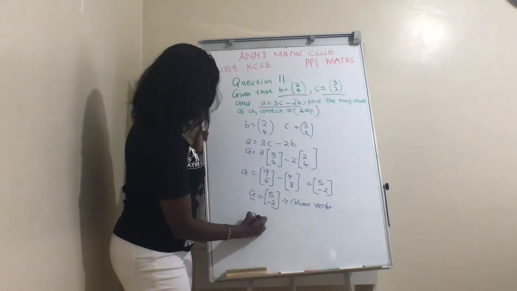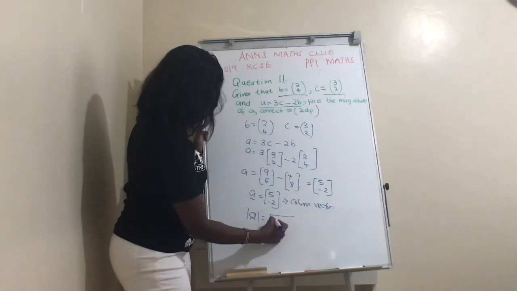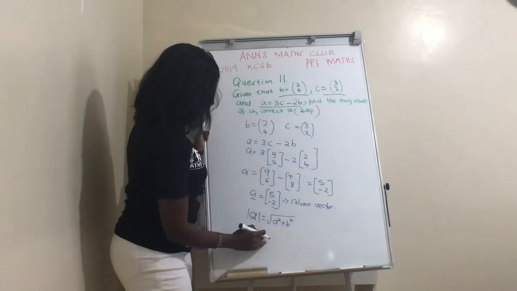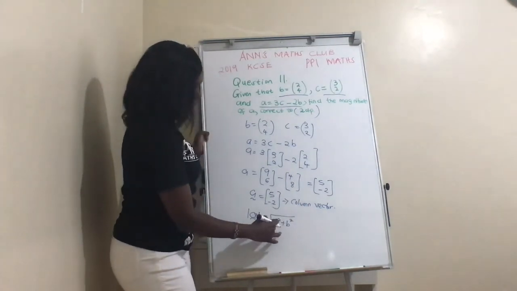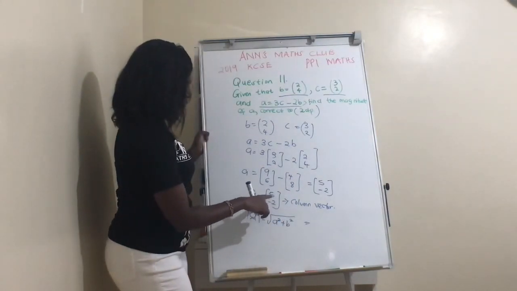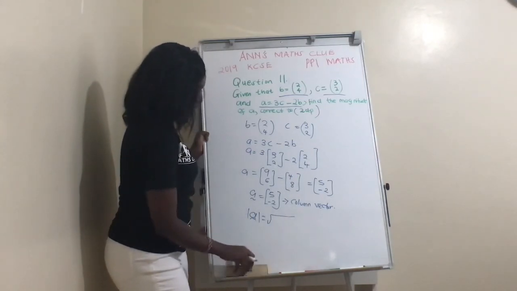So while finding the magnitude, what you need to do is find the square root of a squared plus b squared. But in our case, we already have the 5, so you don't have to say this because you already have the values here.